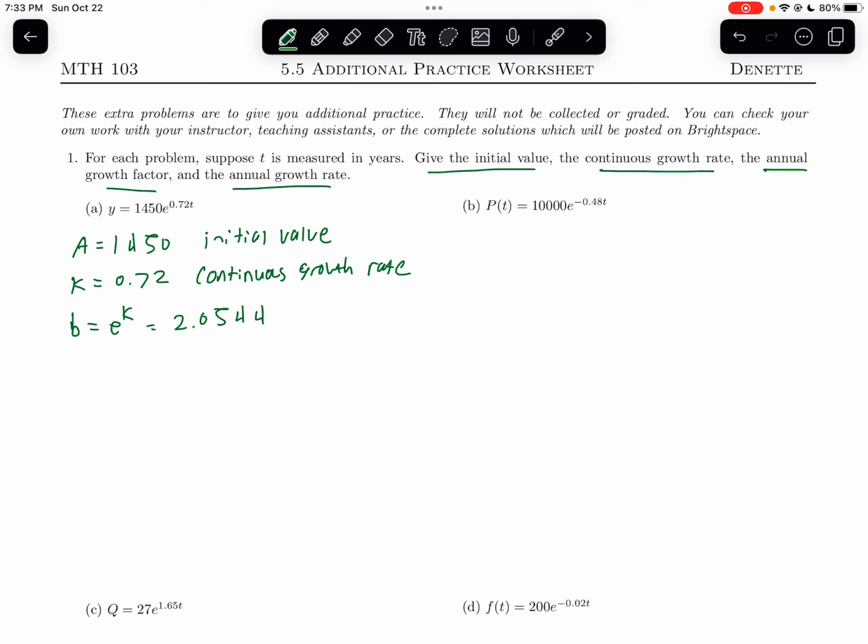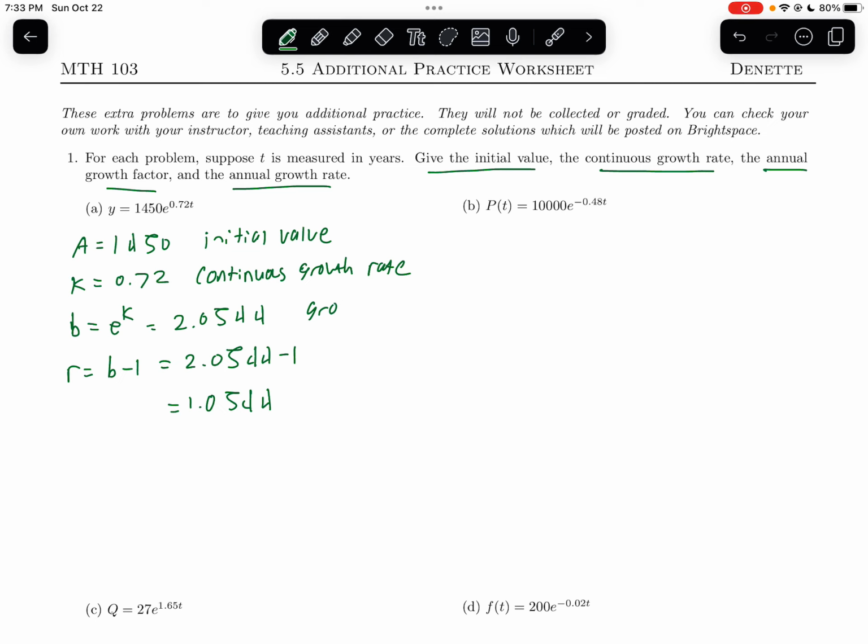And so then r is b minus 1. So this is 2.0544 minus 1, which is 1.0544.